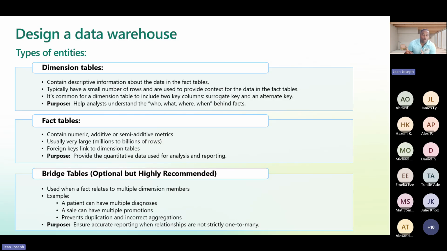Then you go over your fact tables. So what exactly is the fact table? The fact table is where all your measures, your numerical, additive or semi-additive metrics would be, right? So the purpose of the fact table is to allow you to get access to the quantitative data used for analysis and reporting.